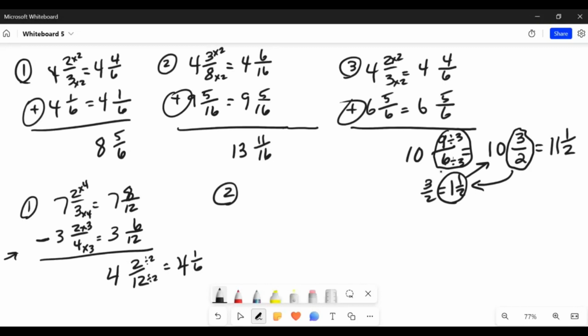Okay, let's look at number 2 in that group. We have 9 2/5 minus 1 3/30. 9 2/5 minus 1 3/30. What is my common denominator?